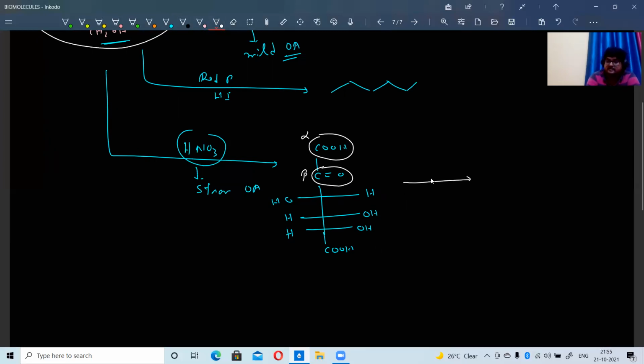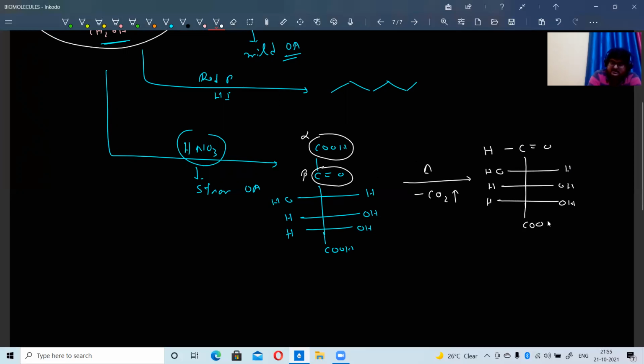Now when you heat a beta keto acid, carbon dioxide is eliminated. So after elimination of carbon dioxide, we can write CHO, OH, H, OH, H, OH, H, COOH.